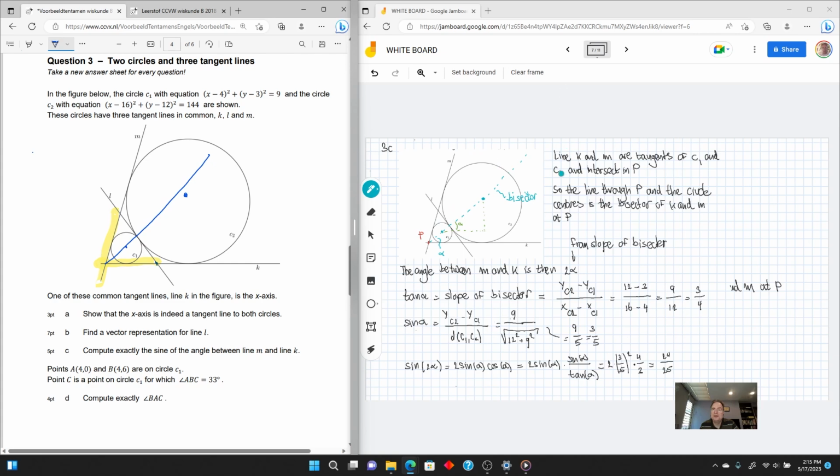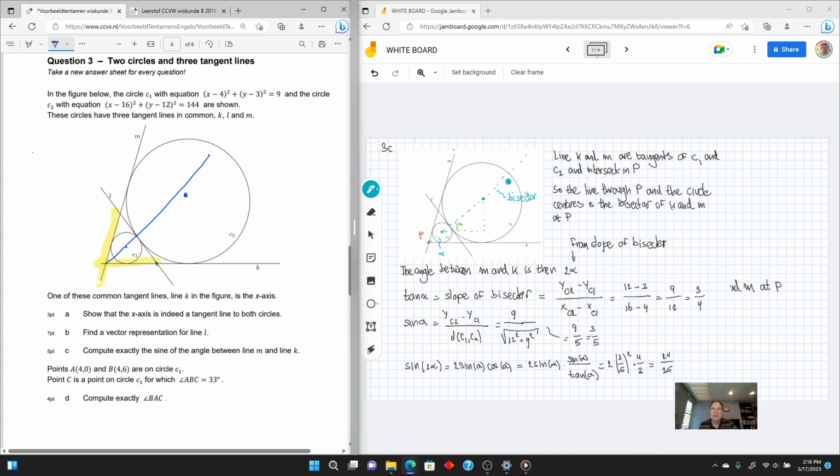So to repeat this, lines K and M are tangents of circle 1 and circle 2 intersecting at P. And so the line through P and the circle centers is the bisector of K and M. Okay, and then the angle between M and K is just 2 times alpha. And alpha we just find from the slope of the bisector.